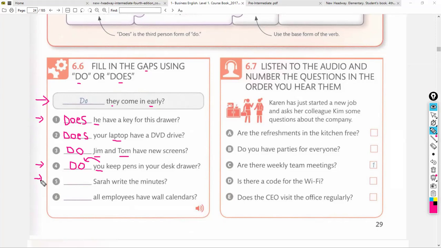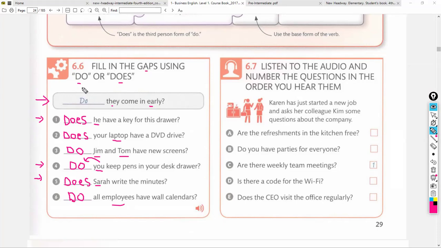Does. Bravo. That is because we have a singular noun. That is Sarah, exactly. Now, six, all employees have wall calendars. Do. Plural. Bravo. Do all employees. It is plural. Exactly, employees.